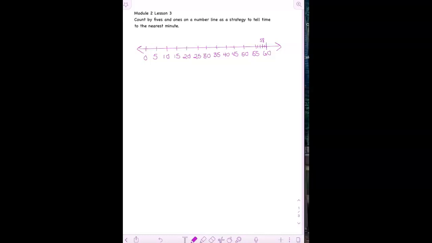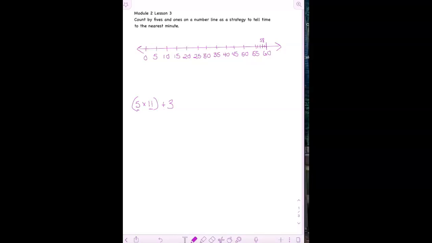If you think back to the application problem where there were 12 tables in the cafeteria and 5 students sat at each of the first 11 tables, what you did there was you took 5 times 11, and then you added the 3 students that were sitting at the 12th table. So that's what you did. You did 11 fives plus 3 more.